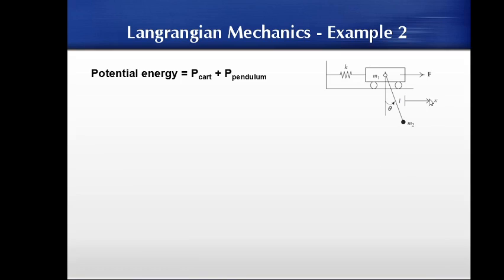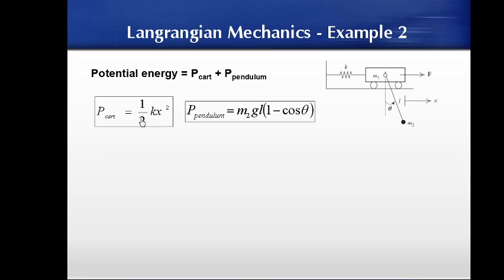Similarly, for this given figure, the potential energy is also expressed as the summation of the potential energy acting on the cart plus the potential energy of the pendulum. So we know the general expression for potential energy of the cart is equal to half k into x square, which is based on a spring. Since there is a spring, we are saying that P cart is equal to half k x square.